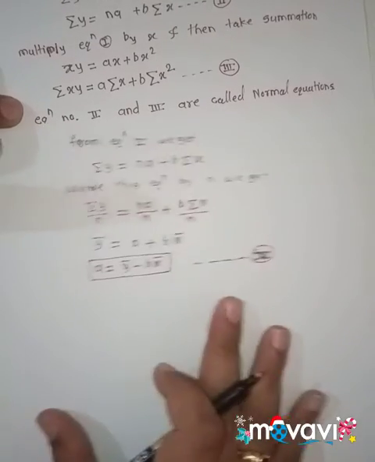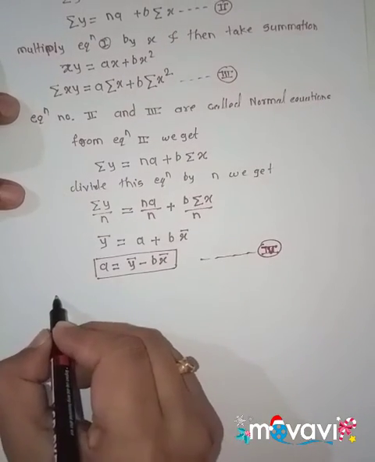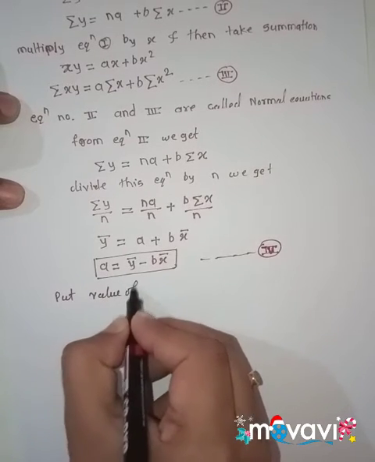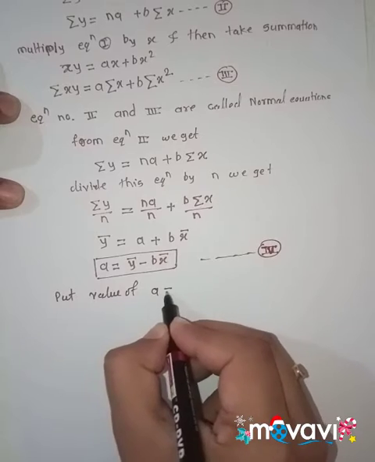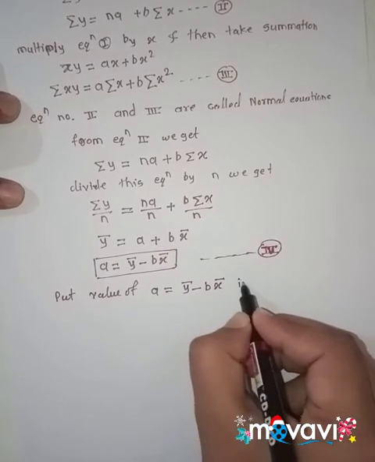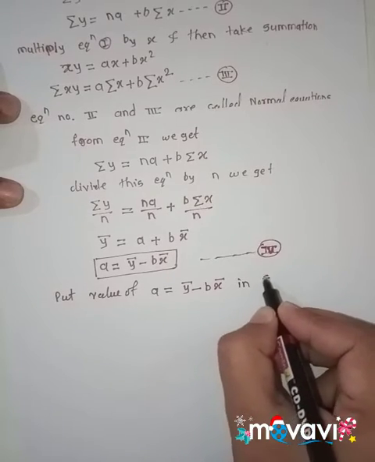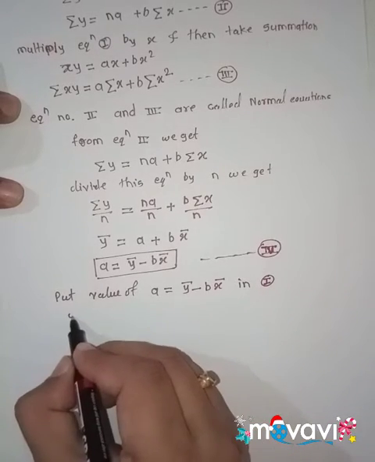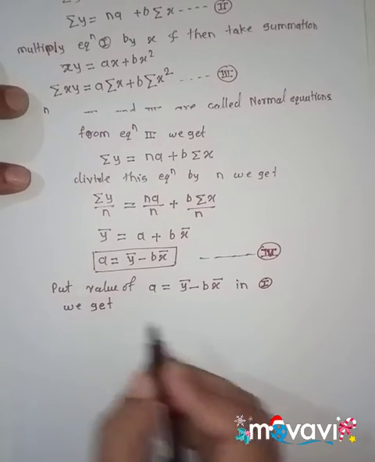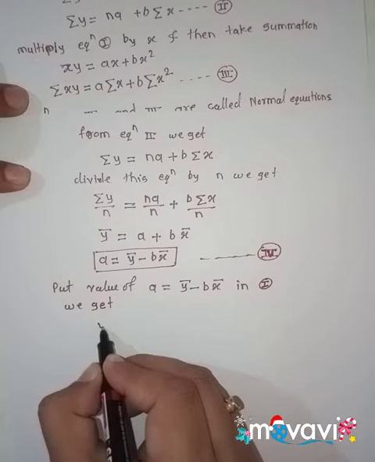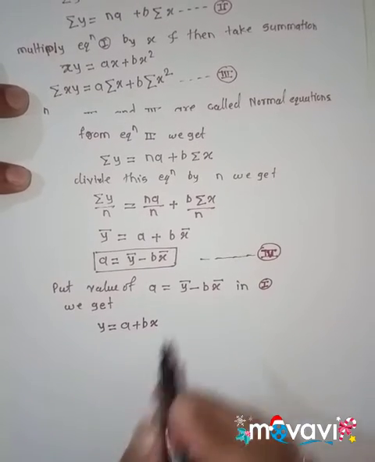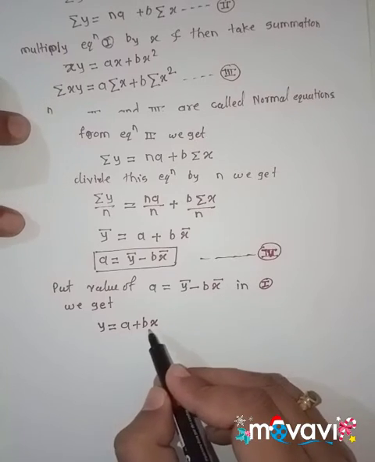Then put the value of a is equal to y bar minus b x bar in our equation number 1, which is y is equal to a plus bx.